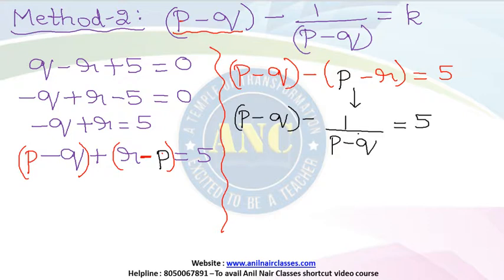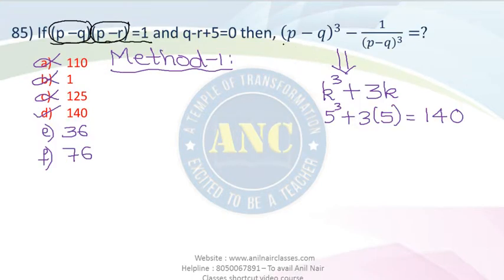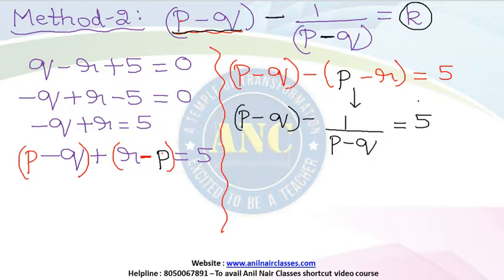That means, I was actually looking to find the p minus q minus 1 by p minus q value, so that if I know that value, I can easily find p minus q whole cube minus 1 by p minus q whole cube value also very easily, and I got that value as 5 right now. So whenever I know p minus q minus 1 divided by p minus q value, it is very easy for me to find the cube of it.